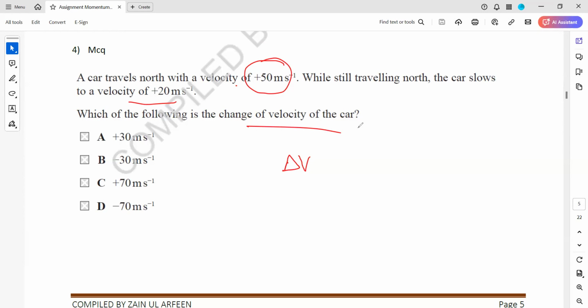Which of the following represents the change in the velocity? Use the chat to answer.